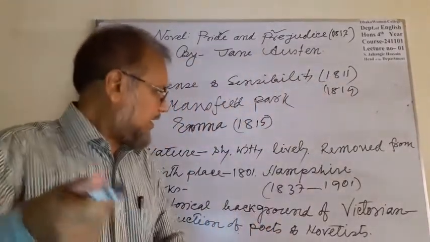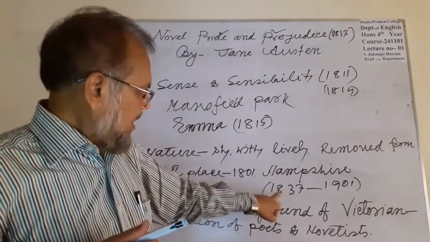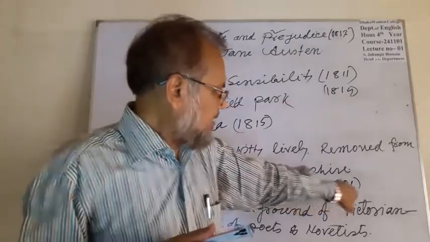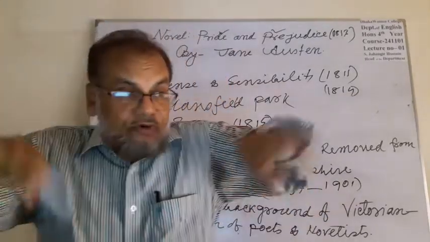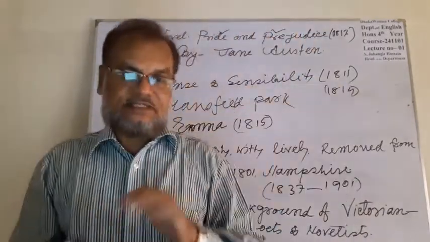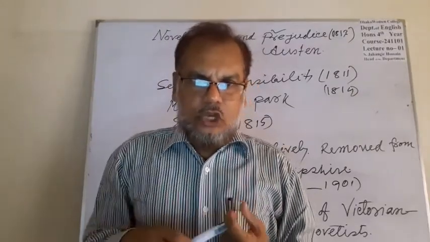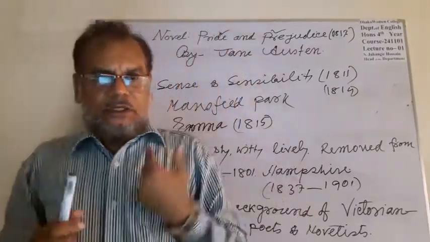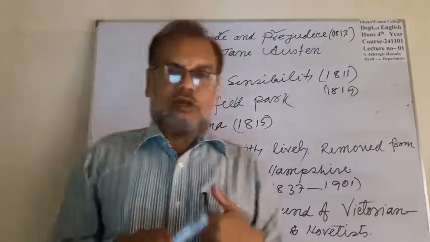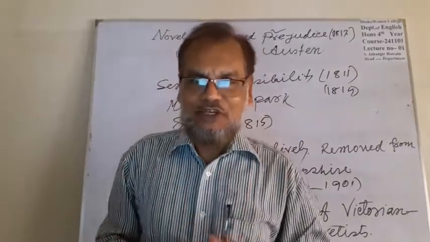Queen Victoria came to the position of queen of England in 1837 and it ends in 1901. During the time of Queen Victoria, England became very rich in different ways. So we can say the Victorian era is one of the fruitful periods in the history of English literature also.